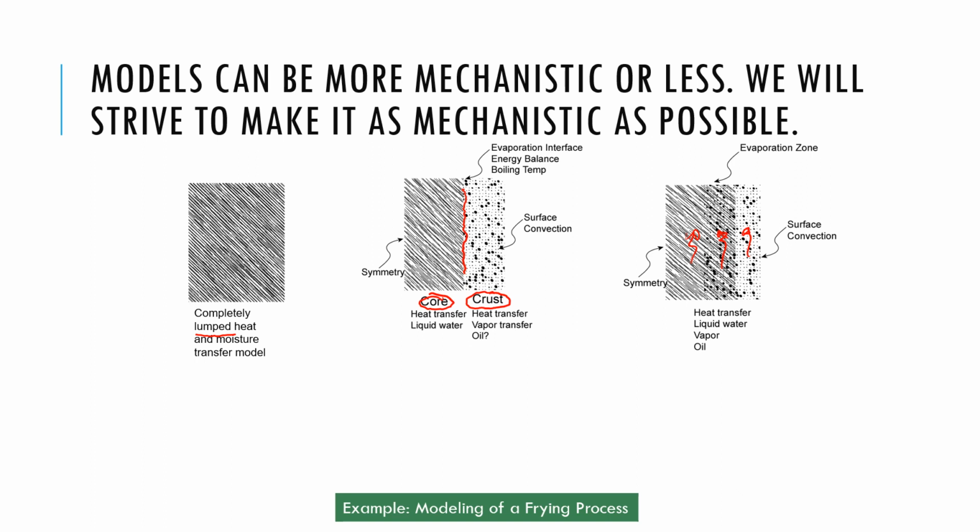If my goal is a quick understanding, quick relationship between, let's say, temperature and time, or moisture and time, and my product is not going to change that much, and I have no need for mechanistic understanding, then all I need is this lumped parameter model.